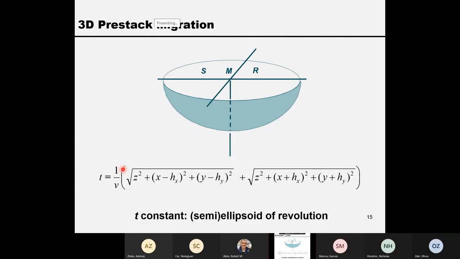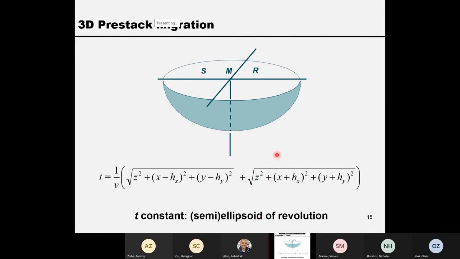Okay, so this is still a double square root. Then this shape here is called an ellipsoid, right? Instead of an elliptic curve, it's a 3D shape. So it's an ellipsoid.